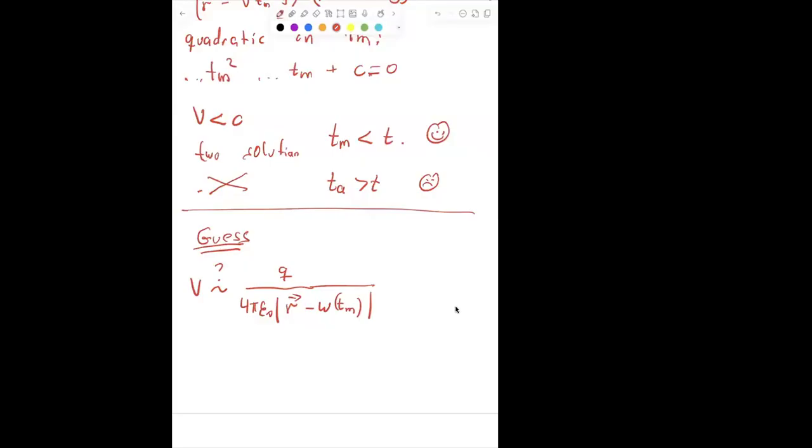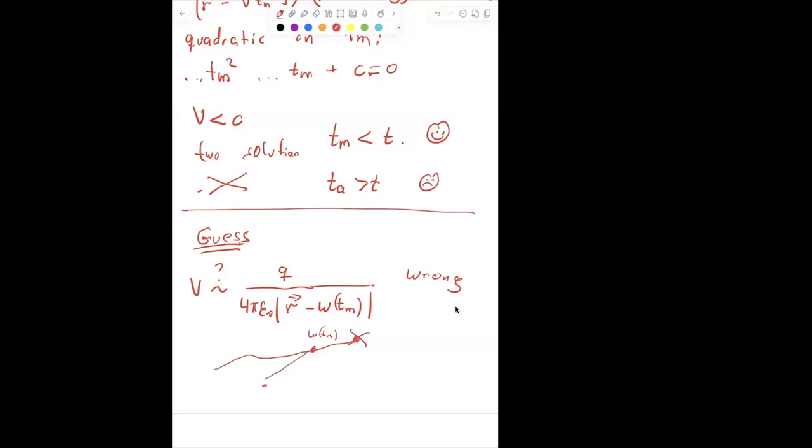Because this equation is simply Coulomb's law. What do we have here? We have here some charge. We understand that velocity is influencing. It takes time to propagate. Then we rule out this position here, and it has to propagate in this case.